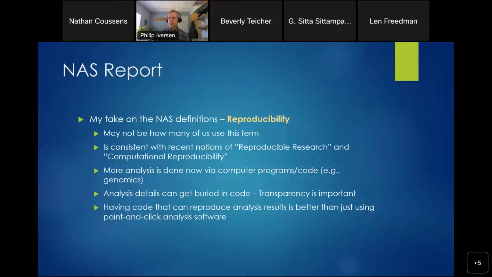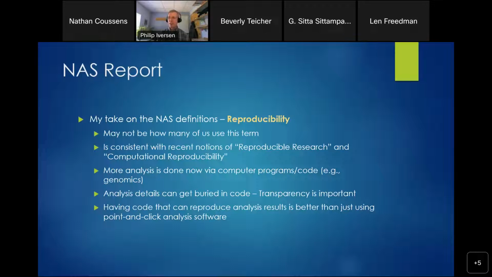As I said, more analysis is now done via computer programs and code, and sometimes very long and complicated analysis code, especially in genomics, as an example. Analysis details and decisions about the analysis, including what data to exclude or how to impute missing values, et cetera.